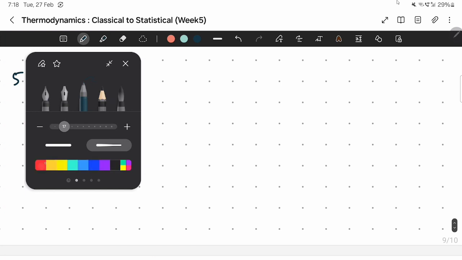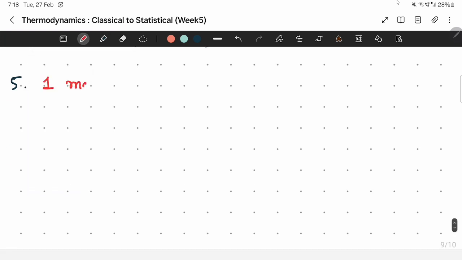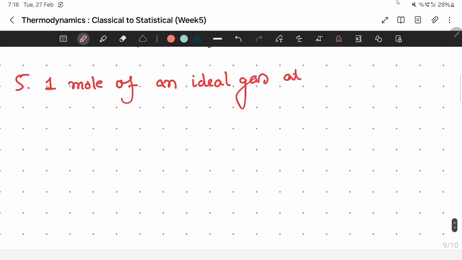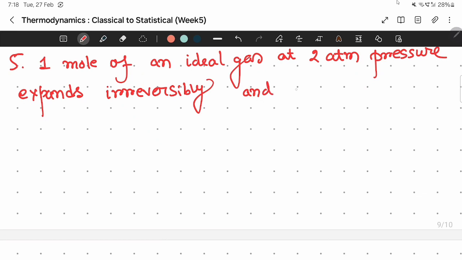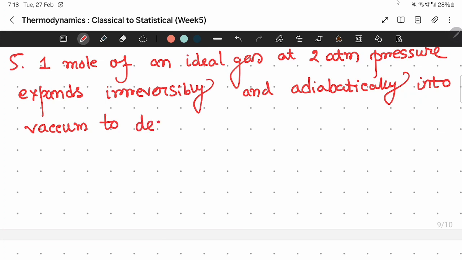So question number 5 is saying that 1 mole of an ideal gas at 2 atm pressure expands irreversibly and adiabatically into vacuum to decrease pressure to 1 atm.